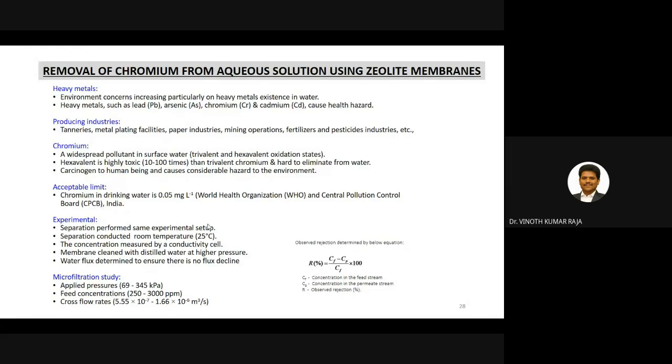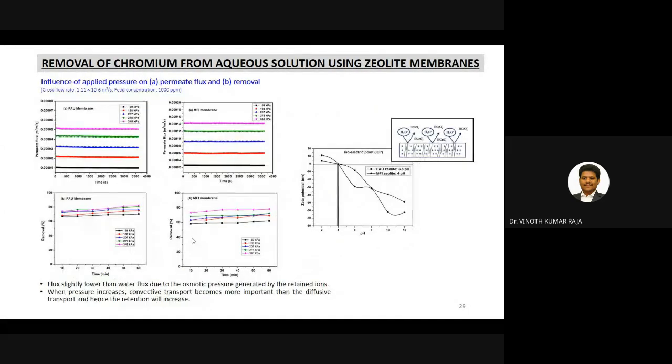Here also we have conducted various microfiltration studies on feed pressure, feed concentration, and cross flow rate. The observed rejection was evaluated by the expression we discussed earlier. Now, the influence of applied pressure on permeate flux and chromium removal.